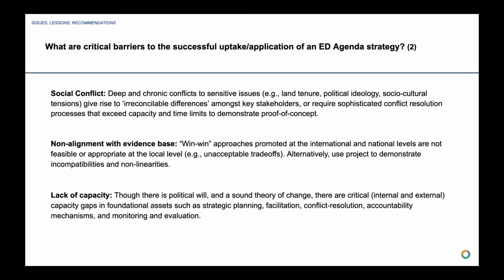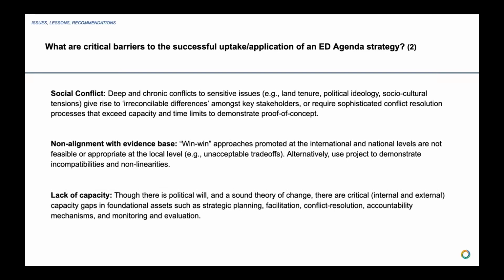Other barriers would include social conflict. So in some places you have really deep and chronic conflicts over very sensitive issues such as land tenure. And these can give rise to perceived or real irreconcilable differences amongst your stakeholders. And in these situations, you can't simply just jump in. It requires very sophisticated conflict resolution processes that might exceed the capacity of your organization.